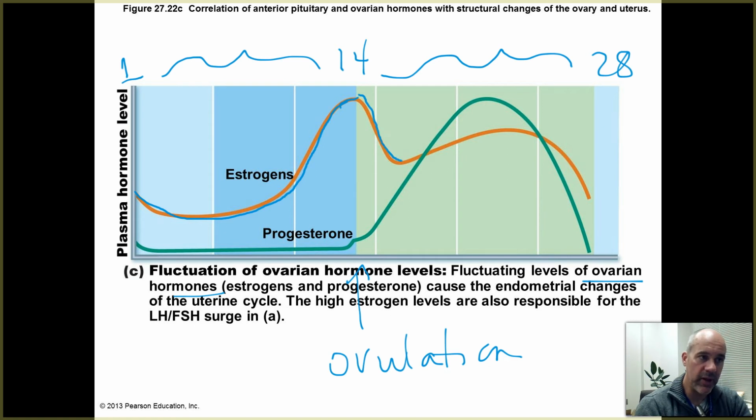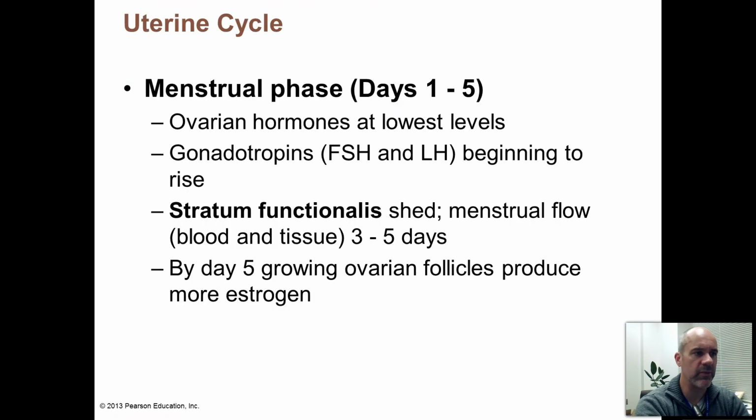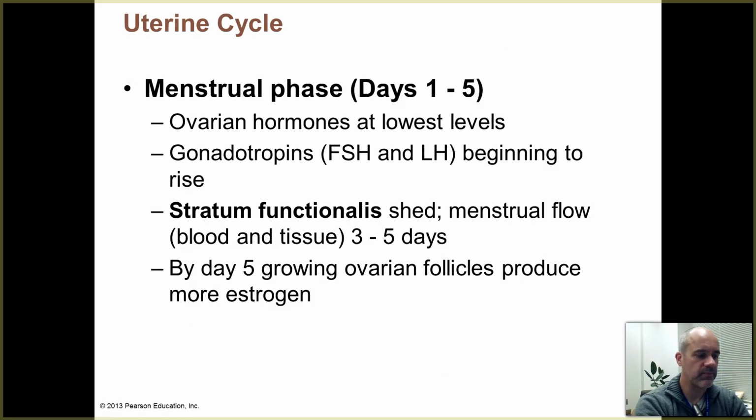The corpus luteum forms right after ovulation, and so you start seeing a very fast increase in progesterone levels, and the corpus luteum also makes some estrogen, so those levels stay up high. If no pregnancy occurs, the corpus luteum dies, and so you see a rapid decrease in estrogen and progesterone production.